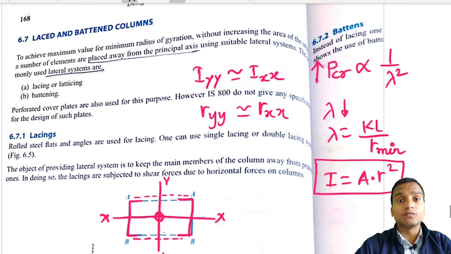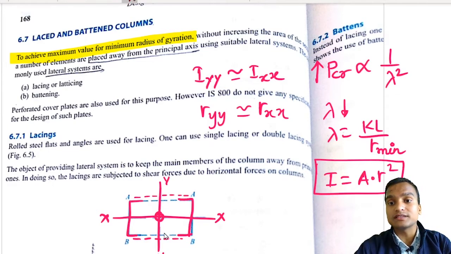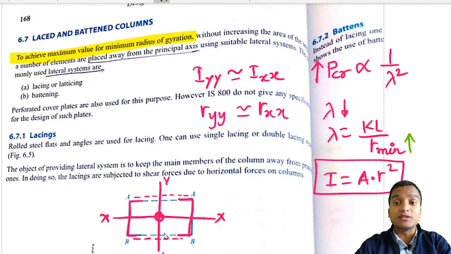Here we want to achieve the maximum value for the minimum radius of gyration. We want to maximize this radius of gyration, r minimum. And when we maximize this minimum value of radius of gyration, our lambda value becomes lesser and lesser. We can't increase or decrease the length of the column, this is fixed.